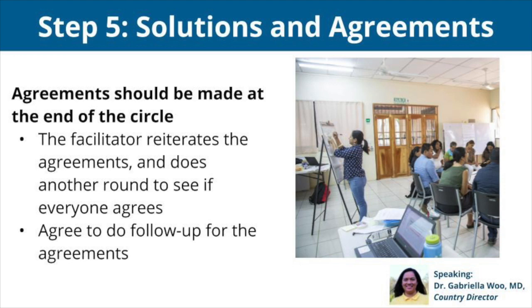And it's very important that you, as a facilitator, reiterate the agreement. You can also at the end try to do another round of questions to see if everyone agrees, because sometimes people are very shy to say, no, I don't agree with that, that won't be the solution. So you need to be very open.